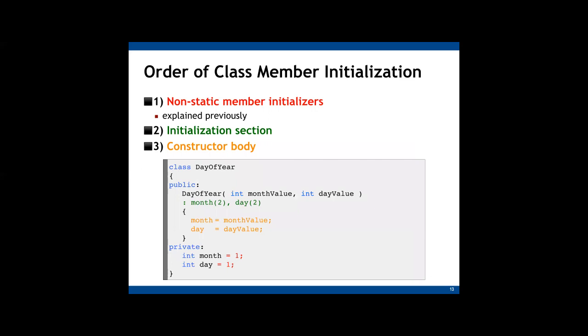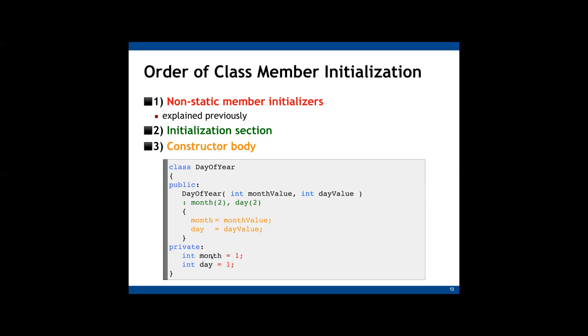So there are 3 different locations where you can initialize member variables: inside the constructor body, and in the initialization section. And you can also initialize non-static member variables like this when you are declaring them.